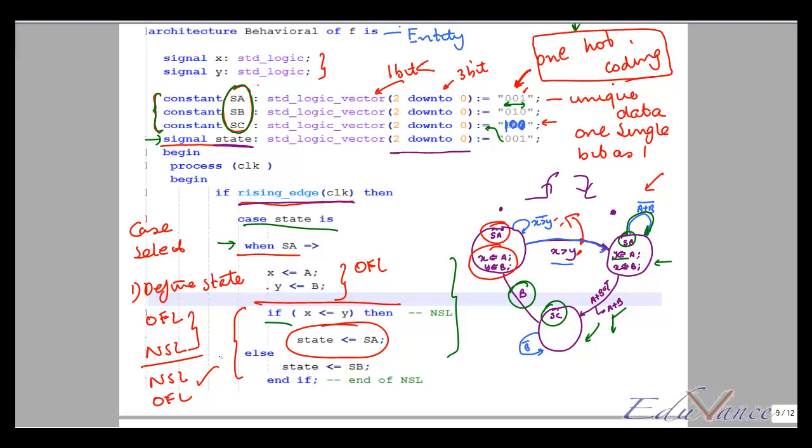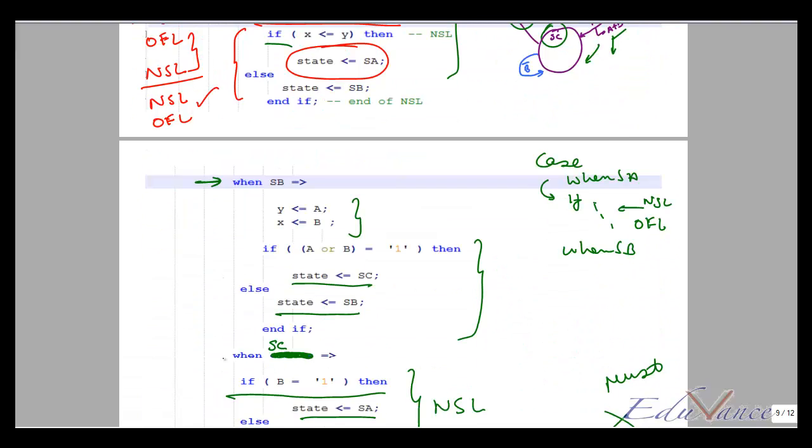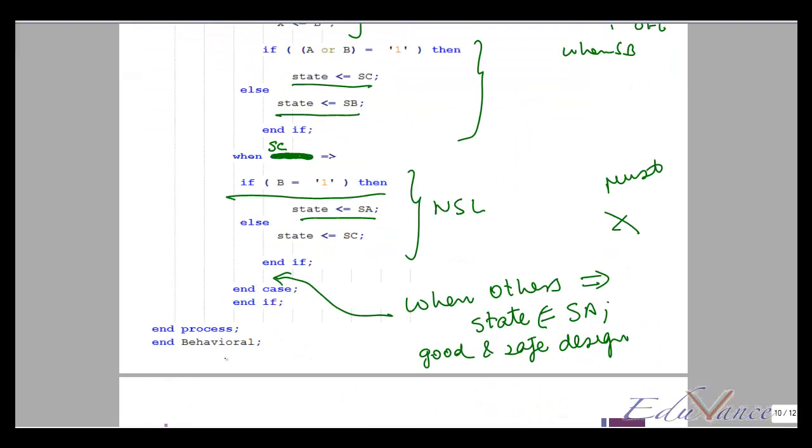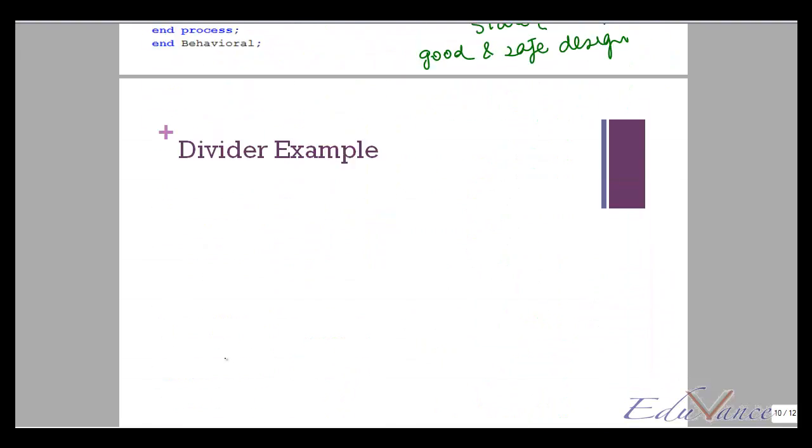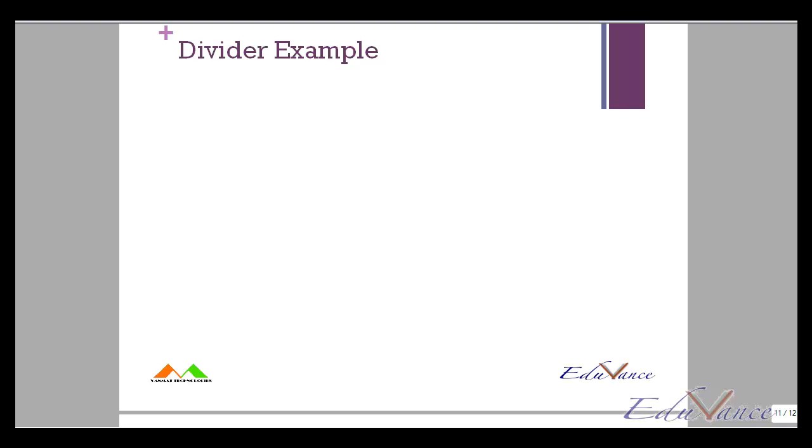Okay, so now let's look at a more practical example, which is your divider. Now if I want to divide two numbers x and y such that x divide by y, how would I do that? I would first take x and then do x minus y. Let's take 8 and 3.